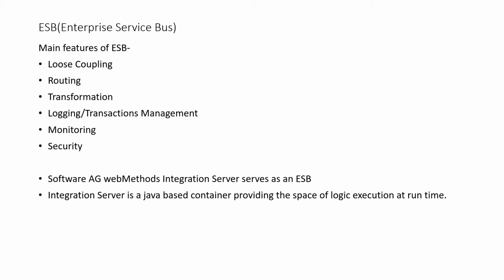So for a software to be termed as an ESB, there are main features which it should qualify. Those features are loose coupling, routing, data transformation, logging of the transactions, and the management of the transactions. All the data which is being passed, we also call transactions.